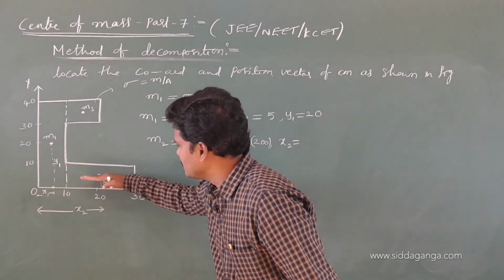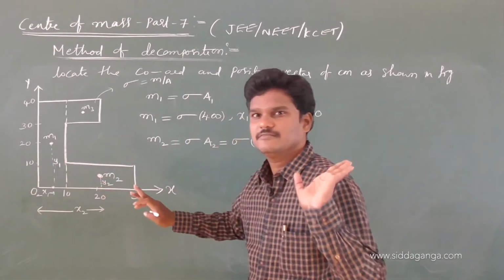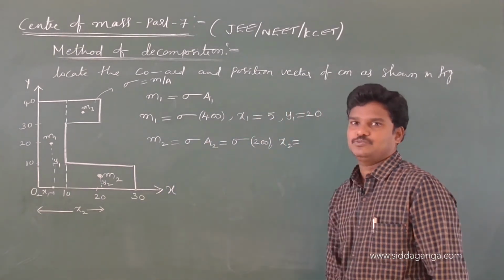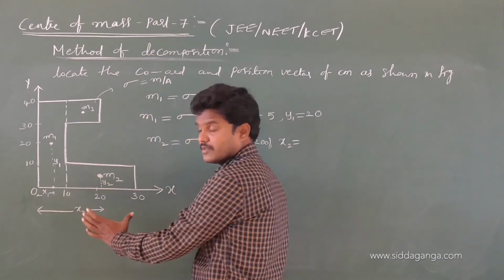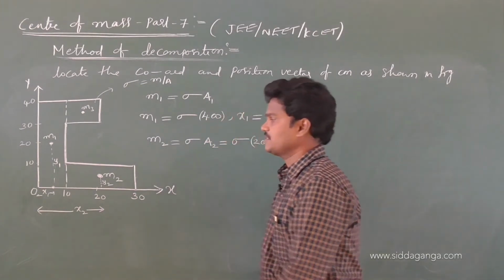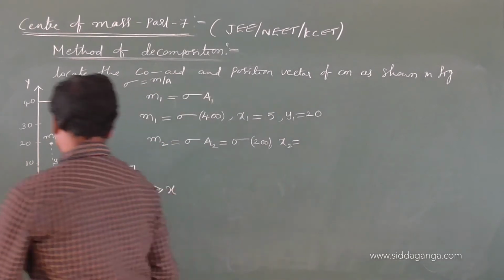Up to here is 10 and this is the half part, 5. So y2 is 5. Then decide x2. Don't tell 20. Check it once. Yes, I think it is 20, because it is uniform.